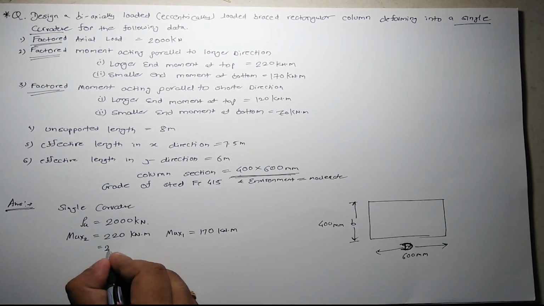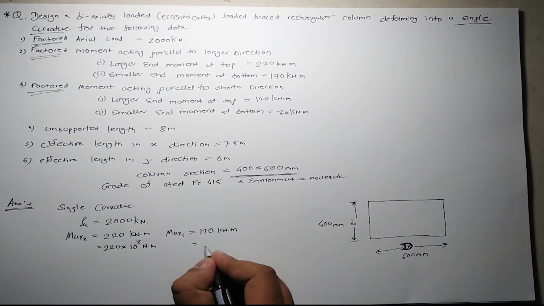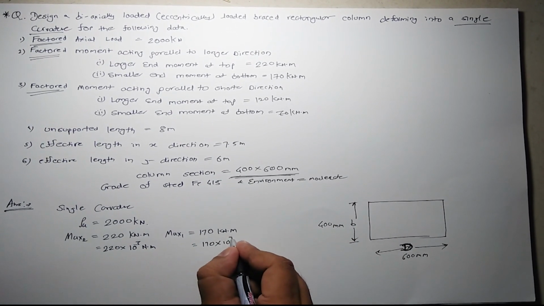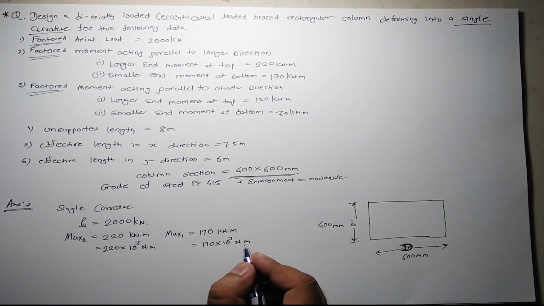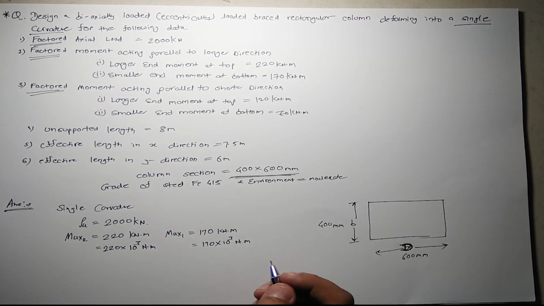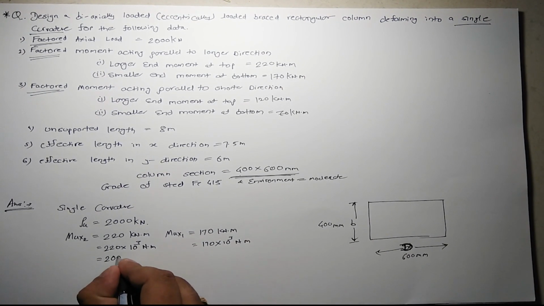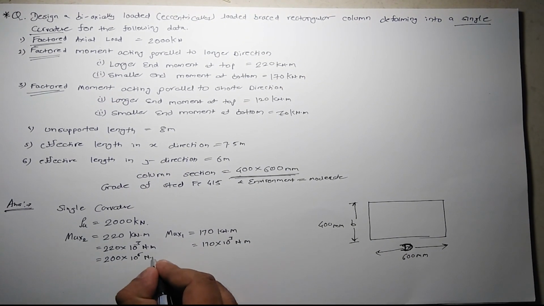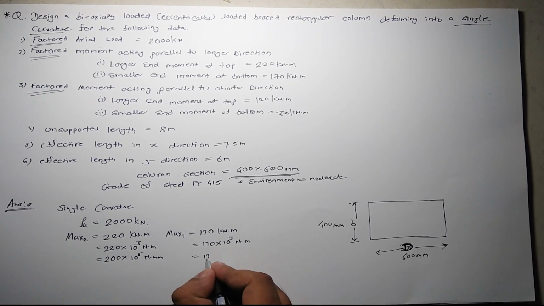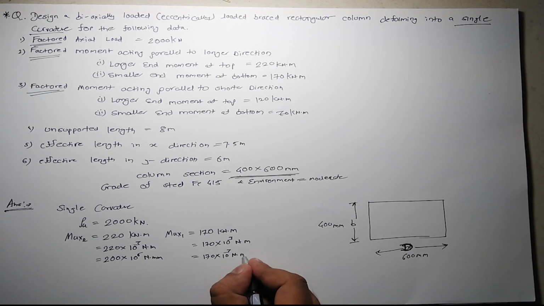So in Newton meter, 220 into 10 to the power 3 Newton meter, 170 into 10 to the power 3 Newton meter. Further if we go to mm, then 220 into 10 to the power 6 Newton mm, 170 into 10 to the power 6 Newton mm. Sorry, it should be 6.